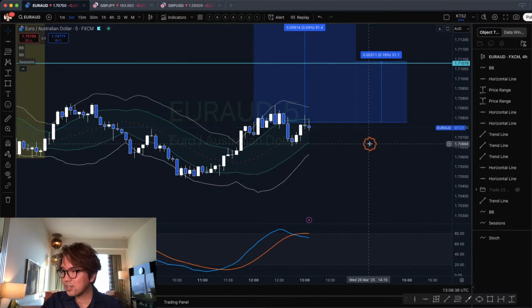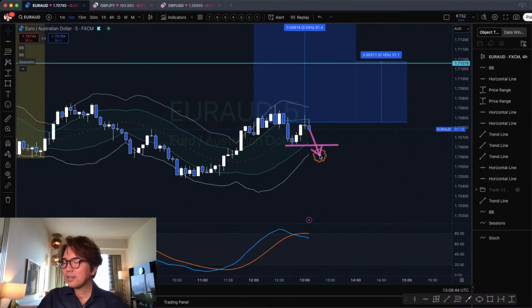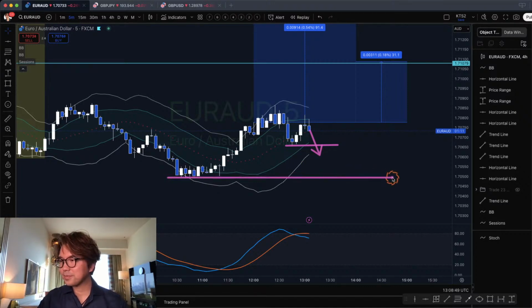One of the entry triggers can be when the market breaks the support here on the 5-minute time frame. So in this way, you don't have to wait for the swing low to break. You can enter the trade already before the breakout of the support of a higher time frame.